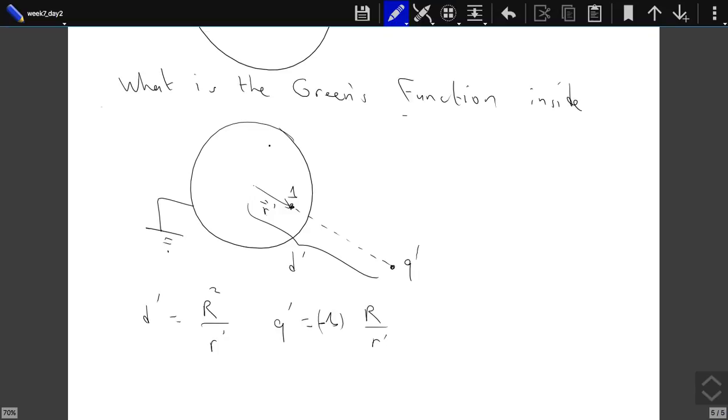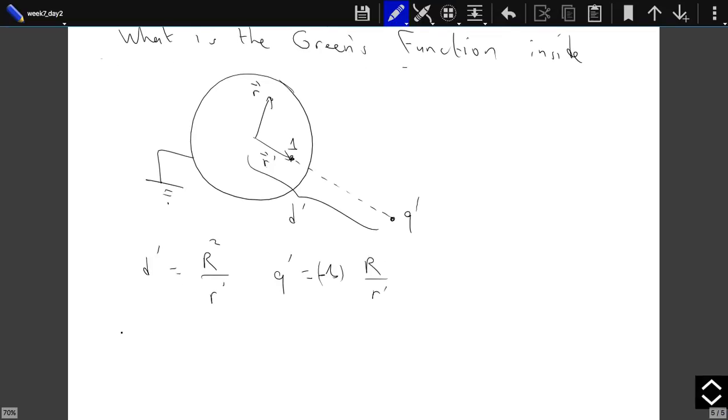So the potential anywhere inside, phi at the point R, is nothing but 1 over R minus R prime, minus R over R prime times 1 over R minus D prime R prime hat. So this is the Green's function.